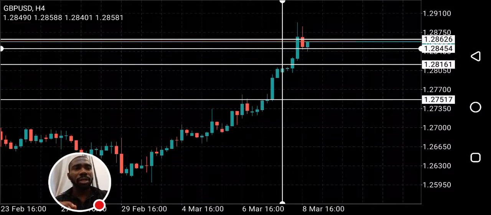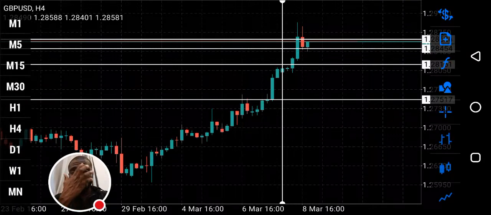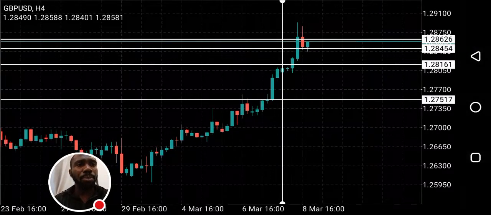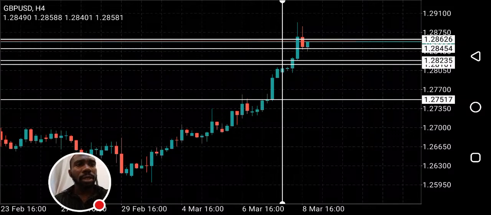For me to sell, I would patiently wait for a candle to close below the low of this bullish candle that formed before the shooting star. That will be my entry price. A 4 hour candle must close below that level before I sell. So that is my entry area for GBP/USD.